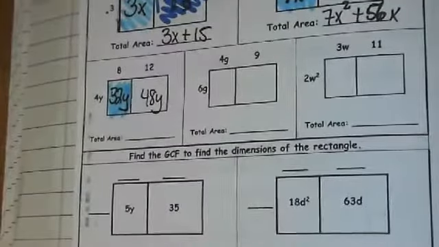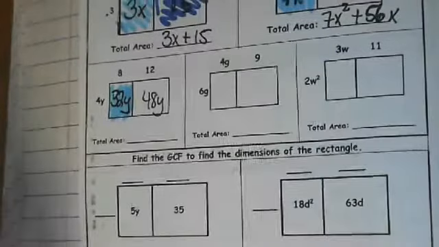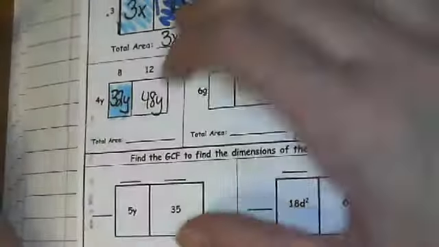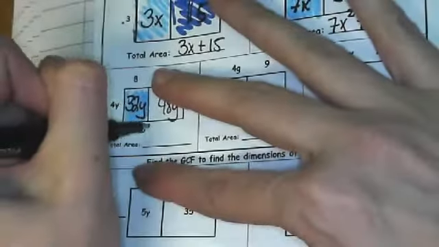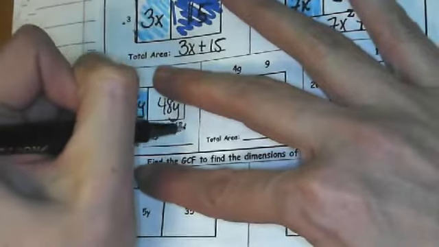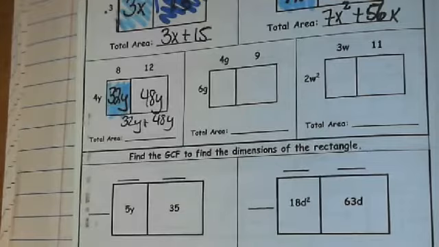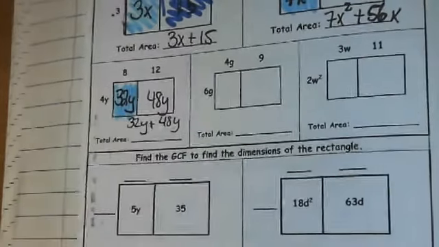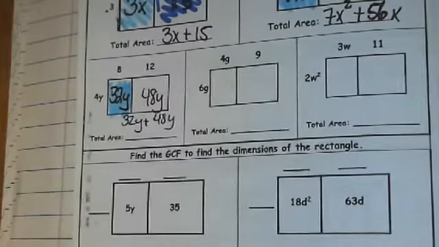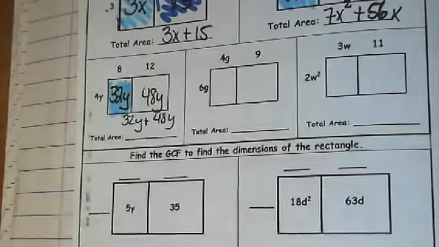And so I can combine the two areas together, so that's 32y plus 48y. Since I have a y variable, I can actually combine the two coefficients together, but I'm going to leave it just like this because we have not talked about combining like terms yet, which these are.